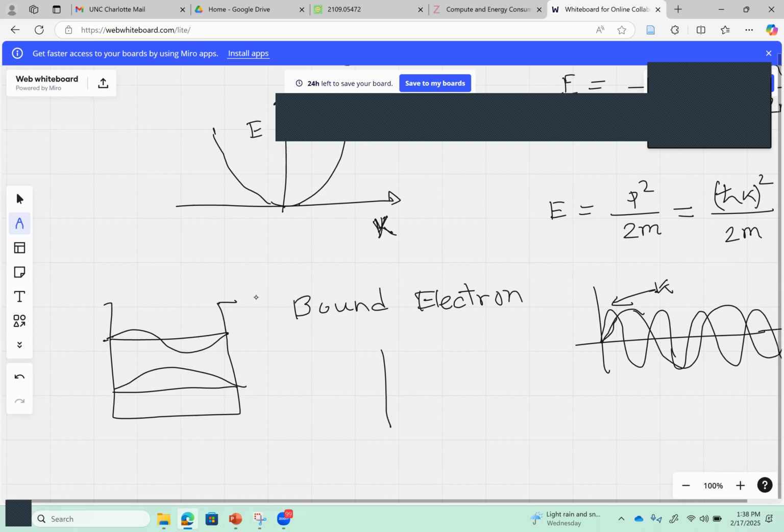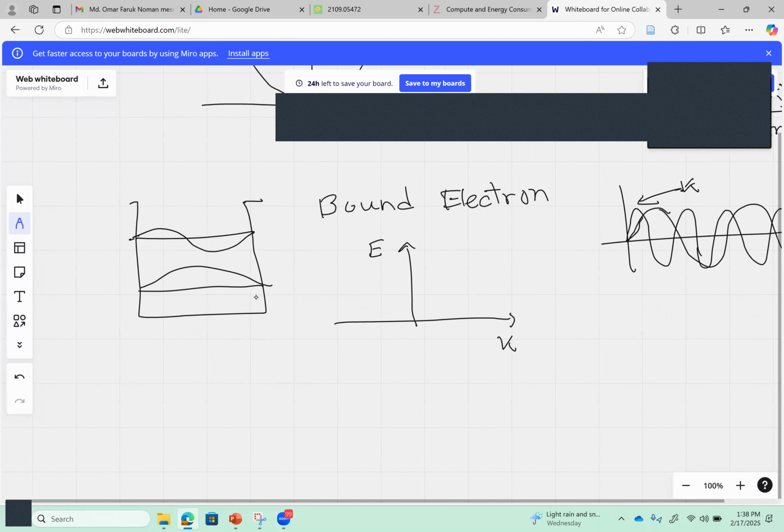So for a bound electron, if I try to draw the EK diagram, then how should I draw it? Remember that a bound electron only takes some finite values of k. For instance, the value of k is 2 pi by lambda, and we know that lambda can only be an integer multiple of 2L, where L is the width of the quantum well.